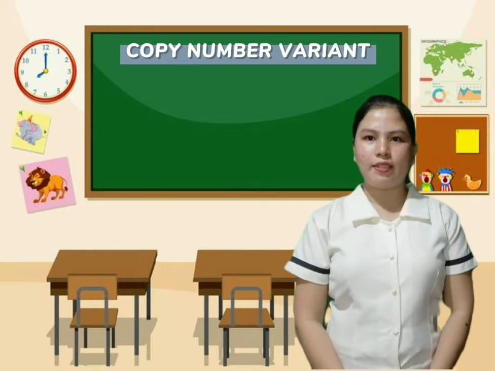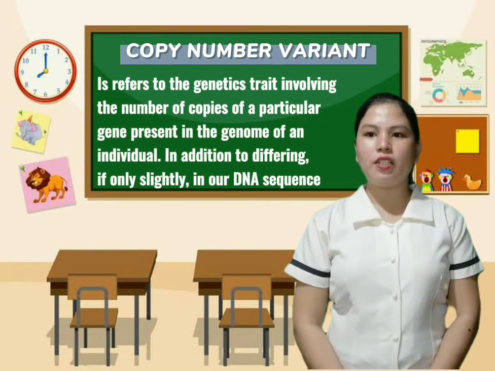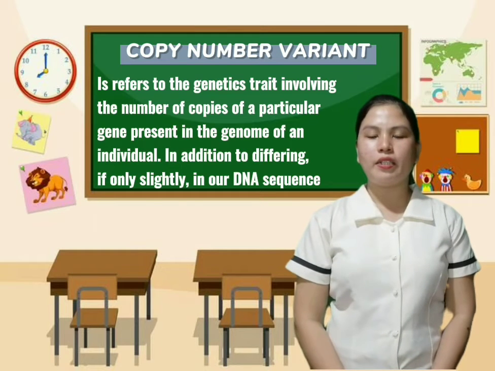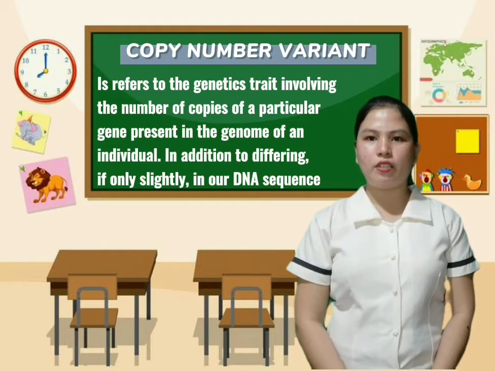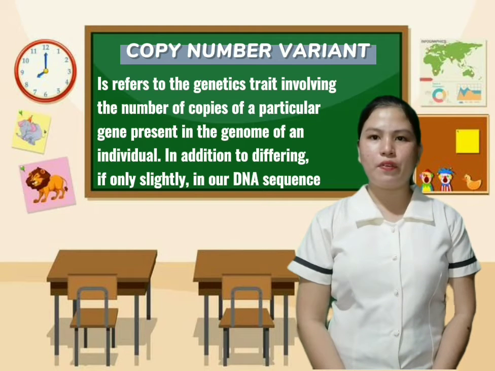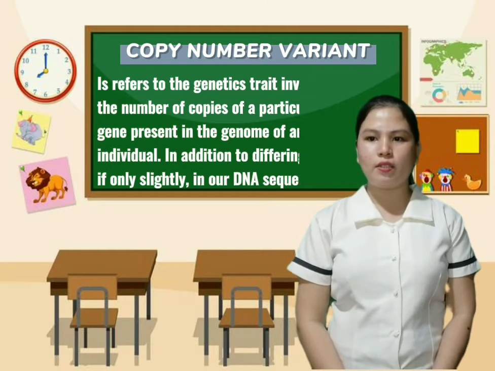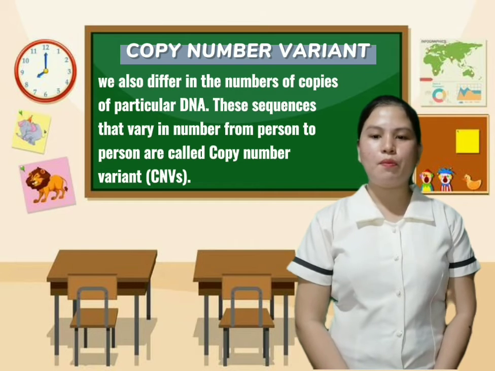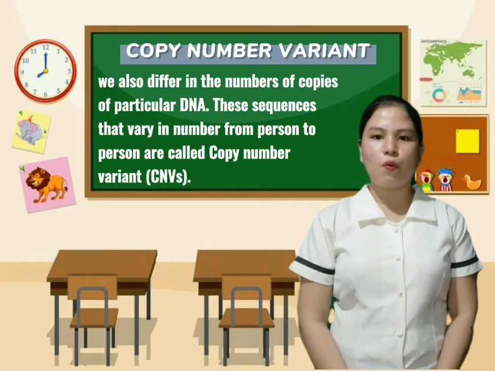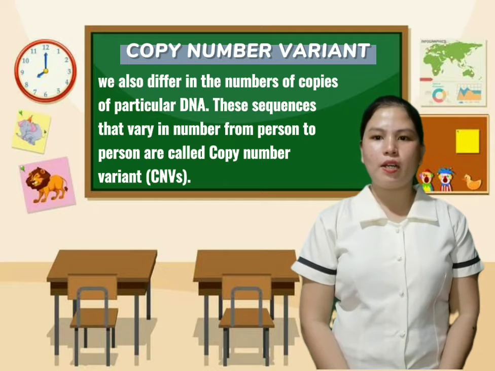Copy number variants. This refers to genetic traits involving the number of copies of a particular gene present in the genome of an individual. In addition to differing, if only slightly, in our DNA sequence, we also differ in the number of copies of particular DNA. These sequences that vary in number from person to person are called copy number variants.